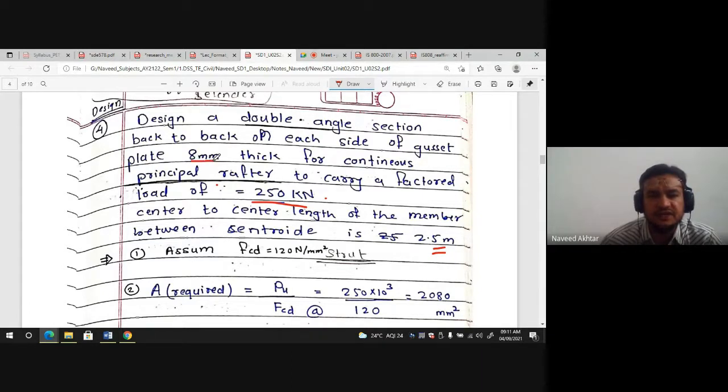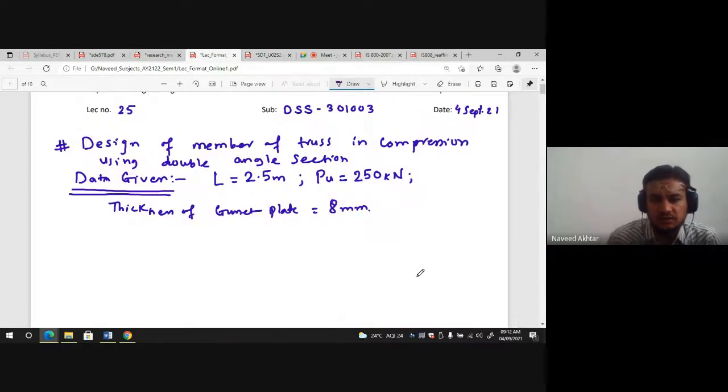Thickness of the gusset plate is given 8 mm, for a continuous principal rafter, which is generally a compression member, to carry a factored load of 250 kN, and the center to center length of the member is 2.5 meter. We will assume Fy is 250 Newton per mm square, the yield stress of the member. Also Fe 410 will be considered for ultimate strength.